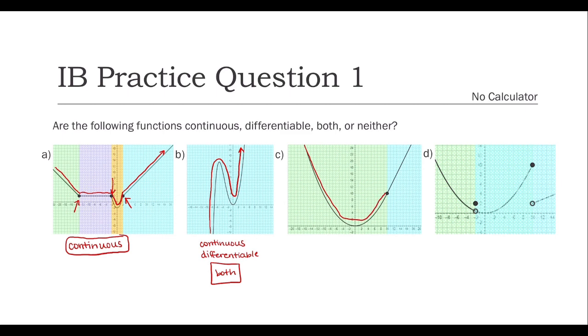So it looks like we have a quadratic and then a linear function, but it's continuous. And it looks like our slope is the same at this point. So there's no sharp point or anything. So it's also differentiable, which means it is both.